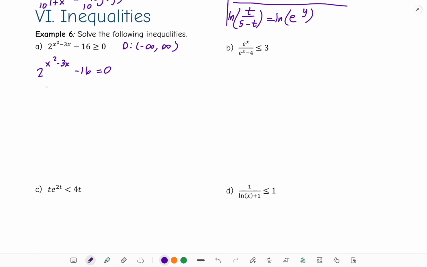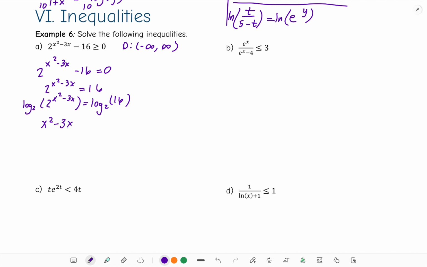Okay, so we can add 16 to both sides. Take log base 2 of both sides. The 2's cancel out on the left.